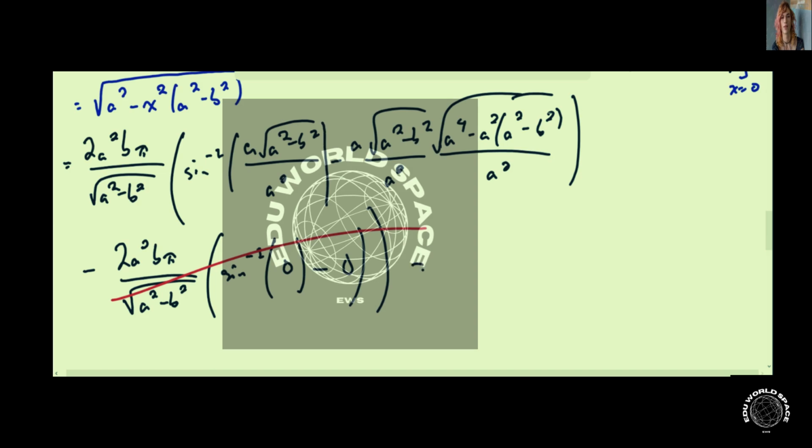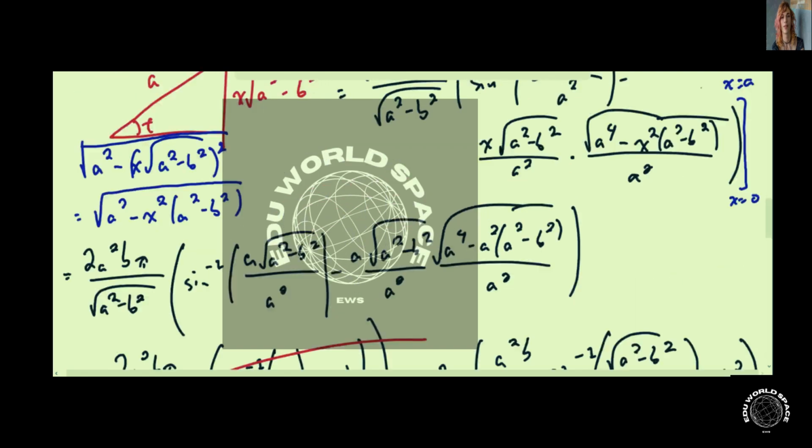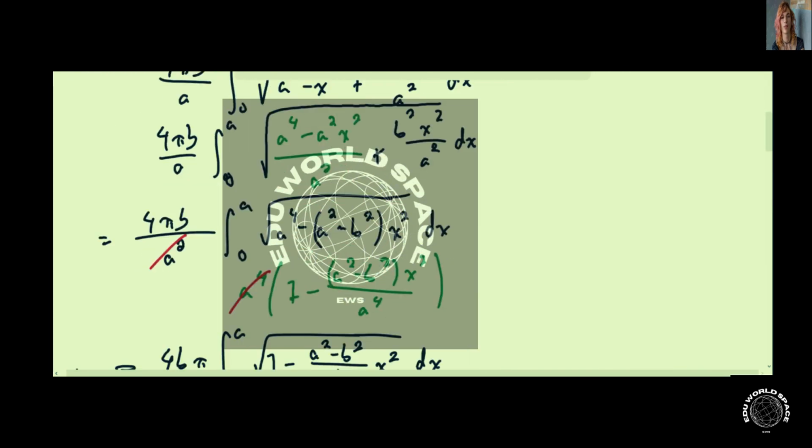It will give us a final answer of 2 pi times a squared b over root a squared minus b squared times the arc sine of square root of a squared minus b squared over a. The whole thing will be added with b squared. So that's how you do that part.